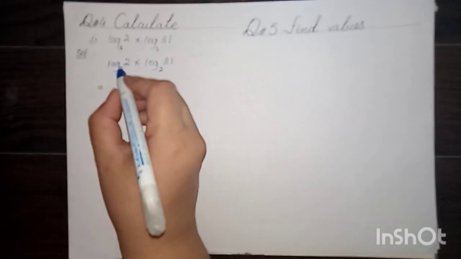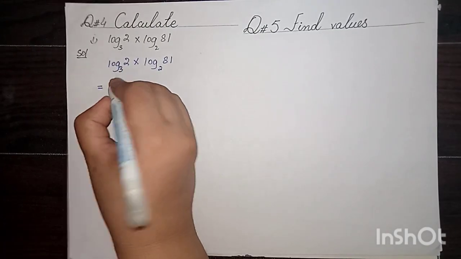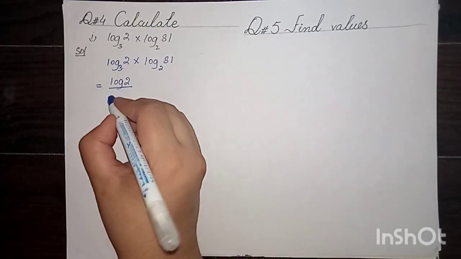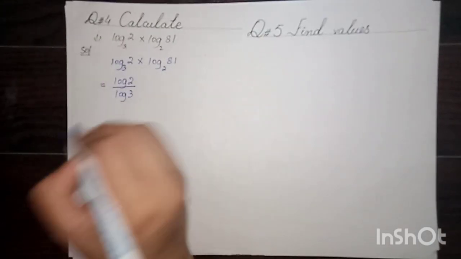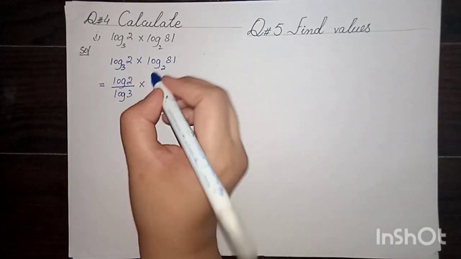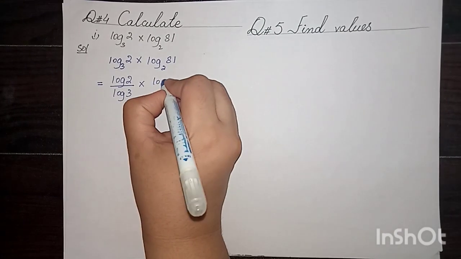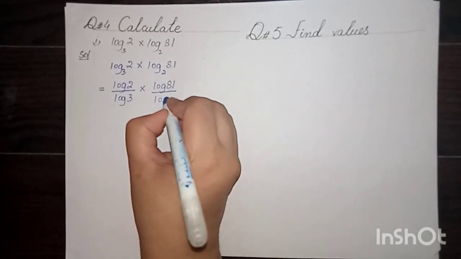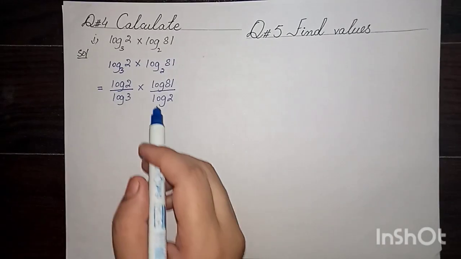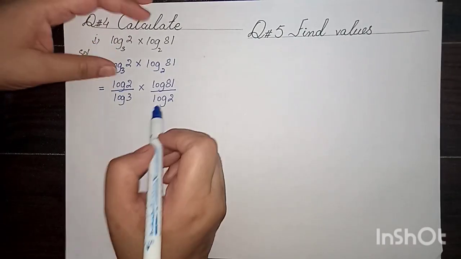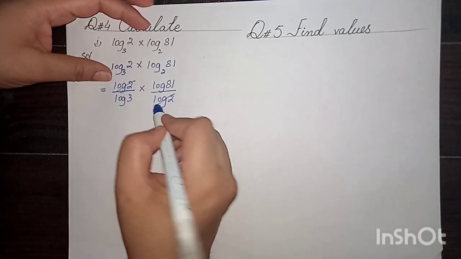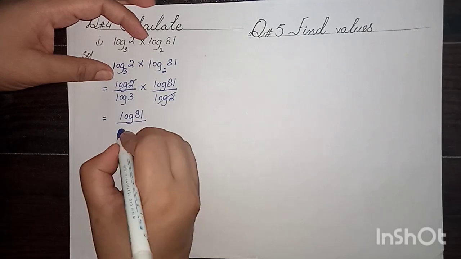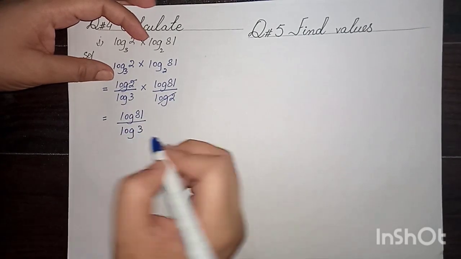For this, first of all we will write log of 2, then divided by log of 3 like this, and then log of 81, then after this log of 2. Now you will see that this log of 2 and this log of 2 cancel out with each other. Then we will write log of 81 over log of 3.